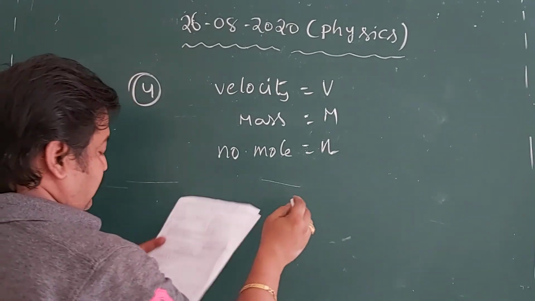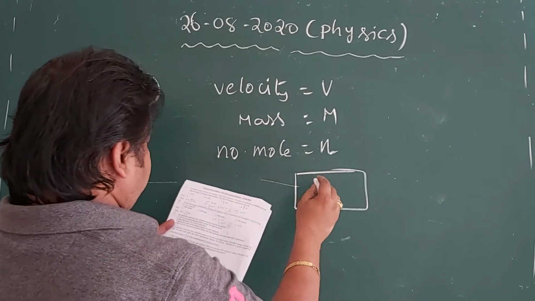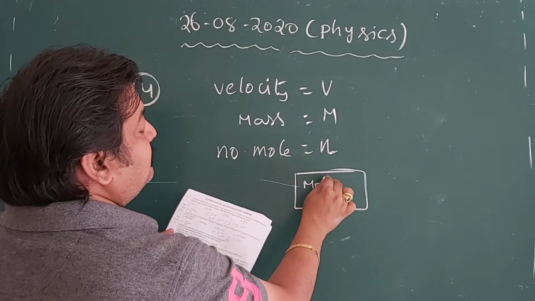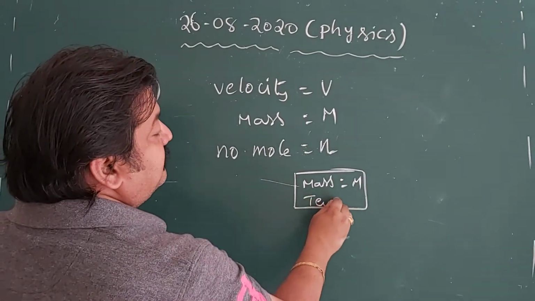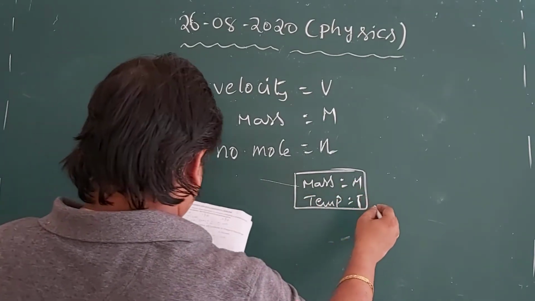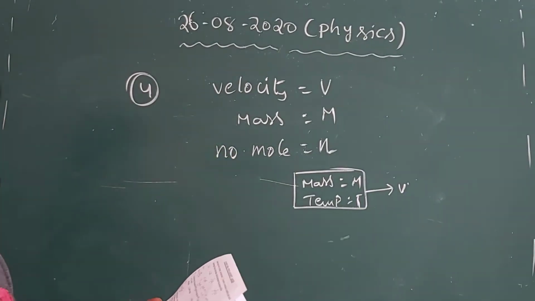So whenever they have given the diagram, mass of the gas is equal to capital M and temperature is equal to capital T. It's moving along this direction. Then what is the kinetic energy of the gas?